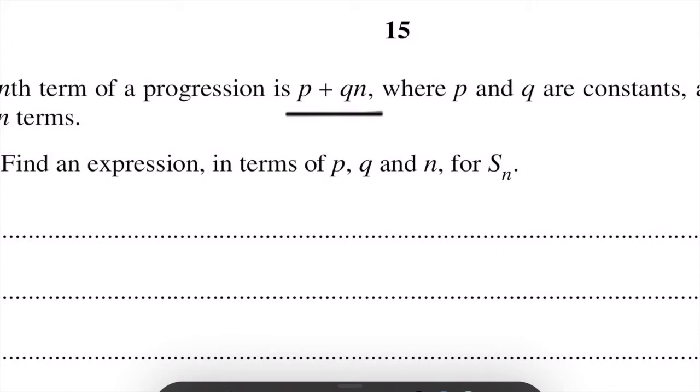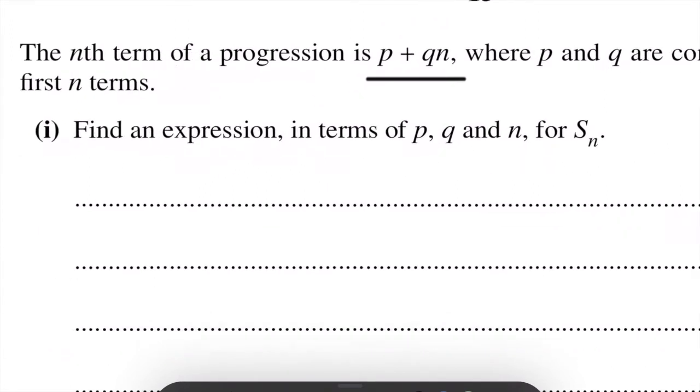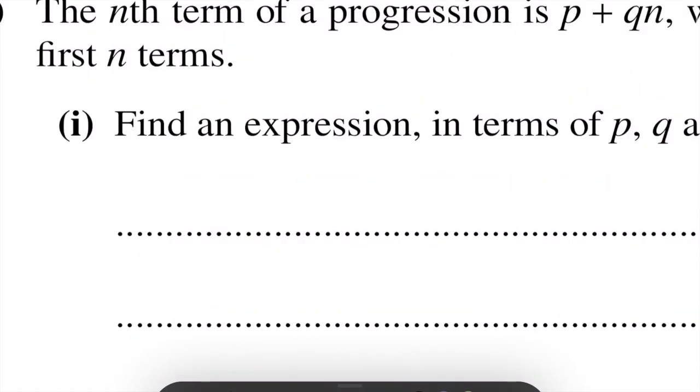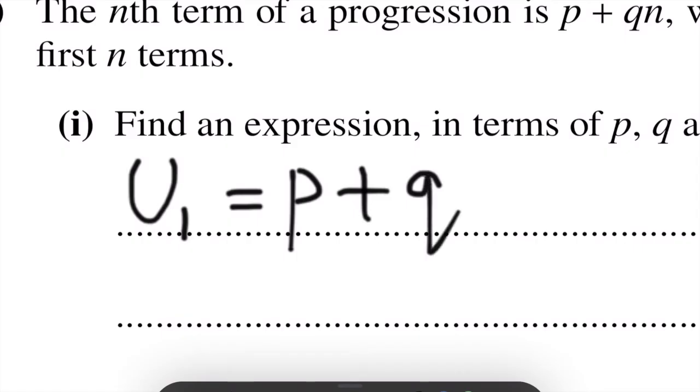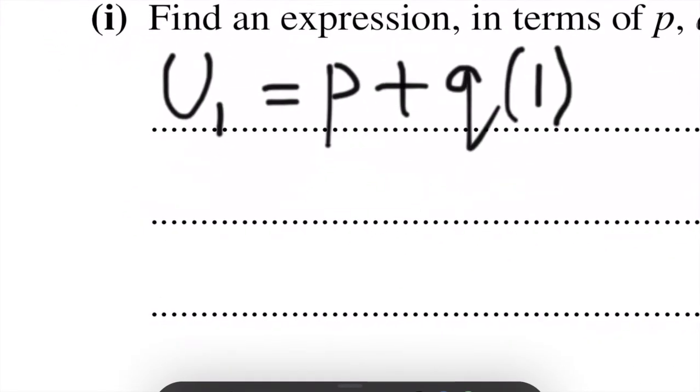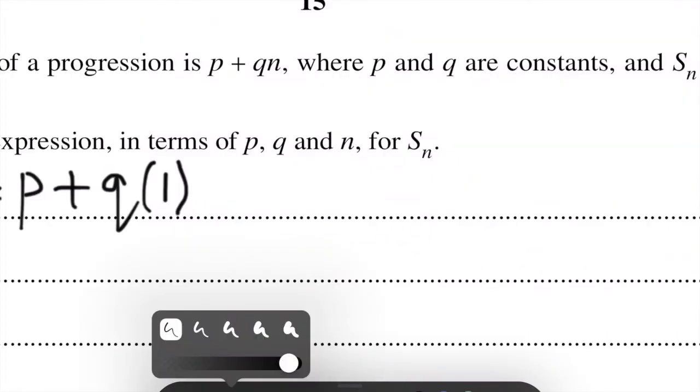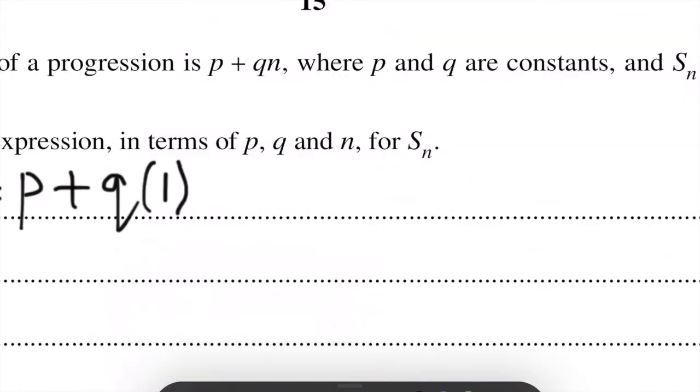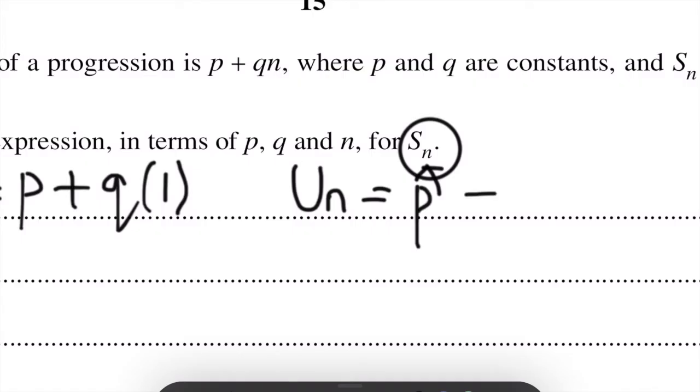This progression is arithmetic, so I will use the formula for that. So U1 is equal to P plus Q and N, which is 1. In order to calculate the sum, I will also need the last term. The last term is N, so I will just use UN is equal to P plus QN.